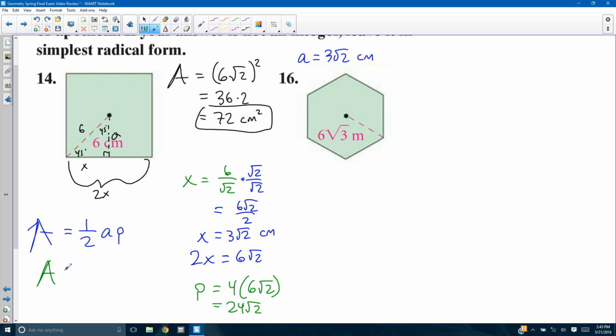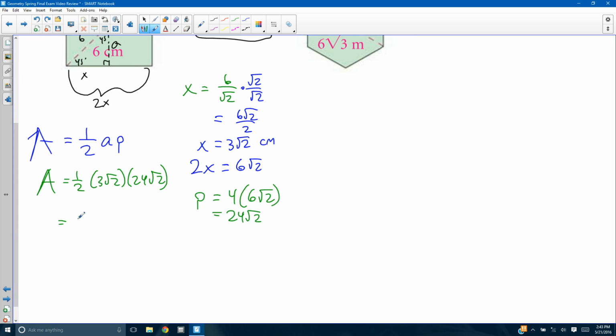So area equals 1/2 apothem times perimeter gives you half of 3 times 24 is 72. Root 2 times root 2 is 2. Half of 2 is 1. And you're left with just 72 once again.